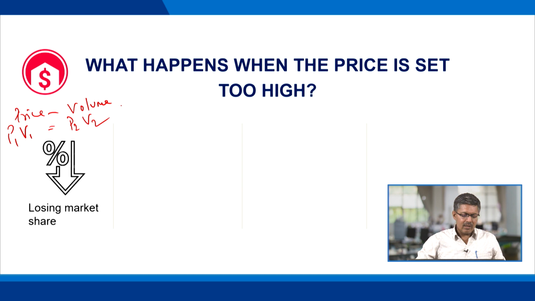But in case the volume goes down tremendously and the situation changes, and P1 is greater than P2, let us say, then the total revenue that you were generating from P1 V1 was greater than after increasing the price to P2. The volume decreases, and because of the volume decrease the total revenue is coming down, possible, right. So you may lose the market share and thus lose your total revenue.